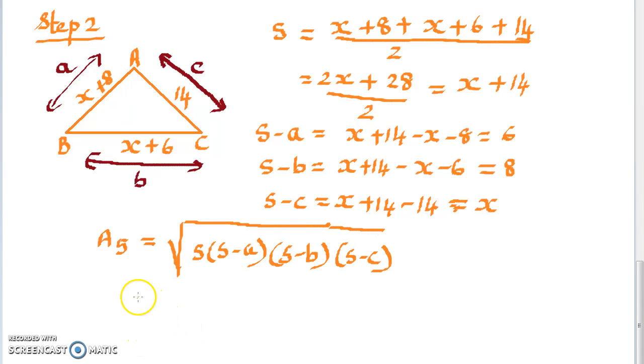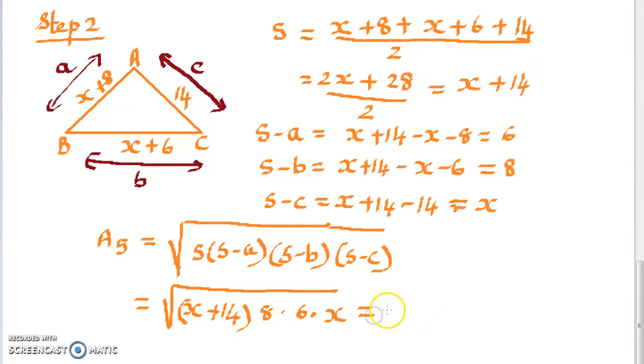So as per this, it will be the square root of my s, which is x plus 14, times 8 times 6 times x, which will give me the square root of 48x times x plus 14.